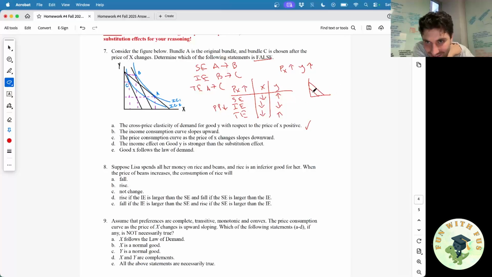Then it would do the reverse. What I know is that when this arrow matches with this arrow, then it's a normal good.